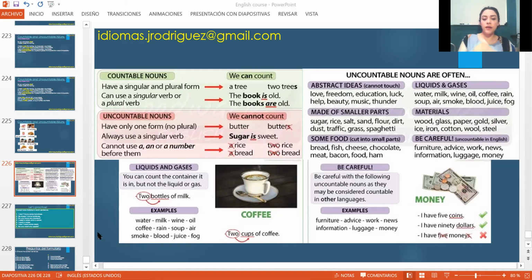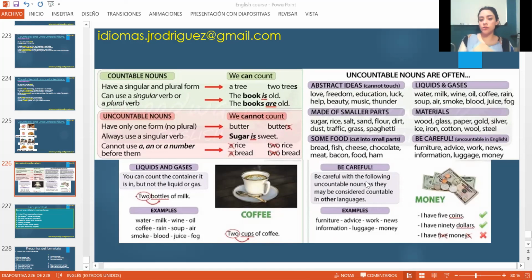Okay? Examples: water, coffee, smoke, blood, rain, milk, wine, soup, juice, fog, air, oil. The same as here. 2 cups of coffee. 2 tazas de café. 2 bottles of milk. Possible too.